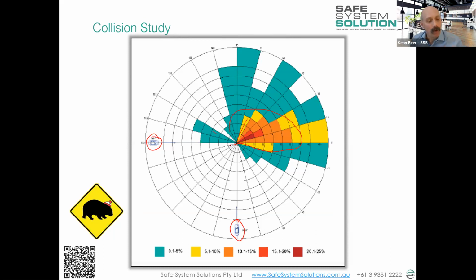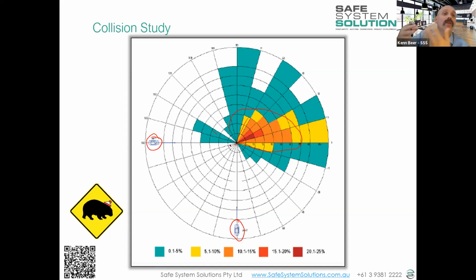The other thing that's important within a safe system assessment is to understand that there is an increased likelihood of runoff road crashes around intersections. And there will be no vehicle-to-vehicle contact. However, one vehicle is avoiding another vehicle that's pulled out, that's started to make a bad move.